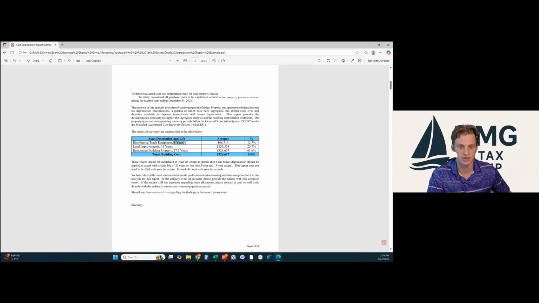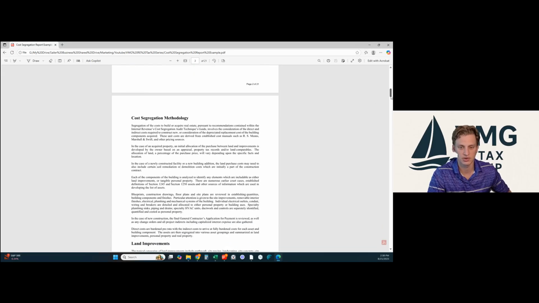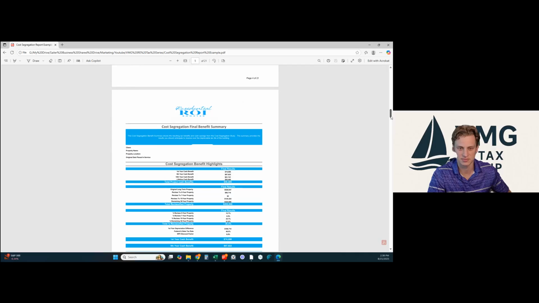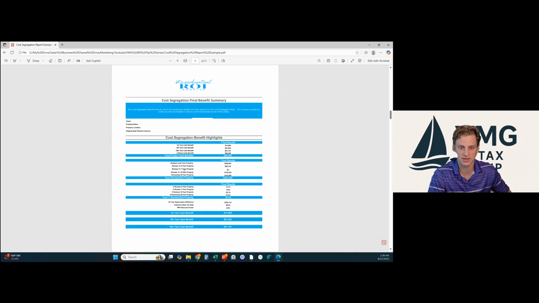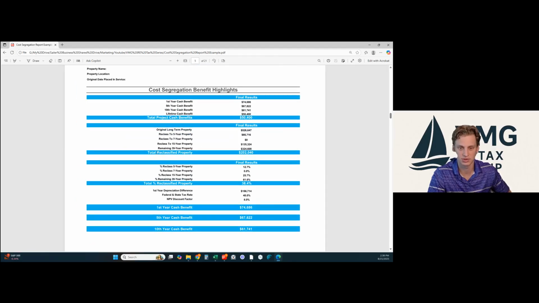So just right here, you can see if you divide this 66,000 by 5, you could accelerate an extra $12,000 of depreciation in the first 5 years instead of waiting for the back end. Now to show you some more details on how this looks, just because it's interesting, they'll put together some things, and that's really what I just showed you. Total reclassified property was $202,000 that went to either 5 or 15-year property.